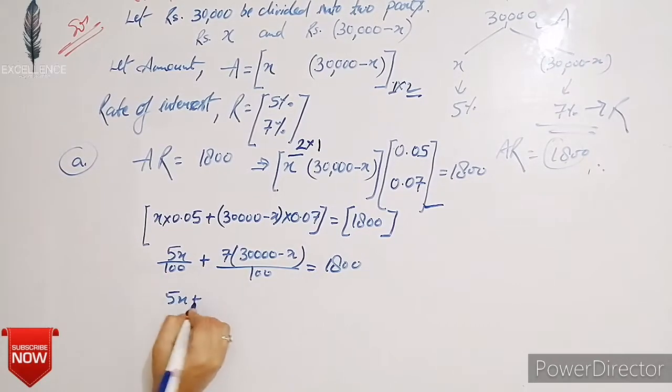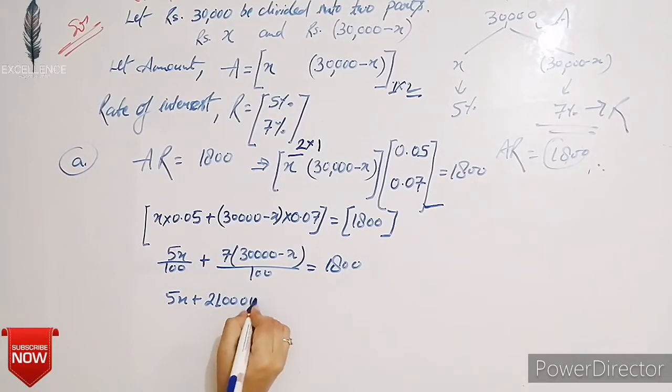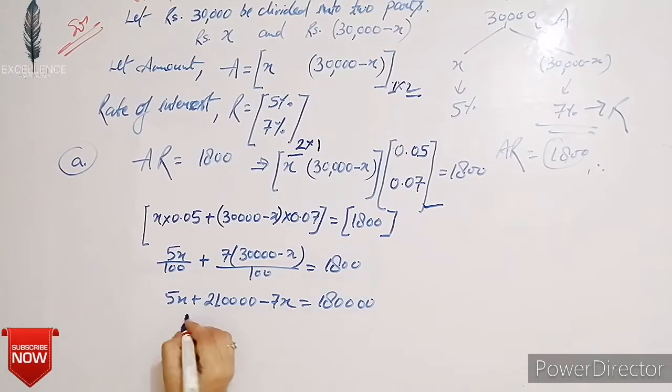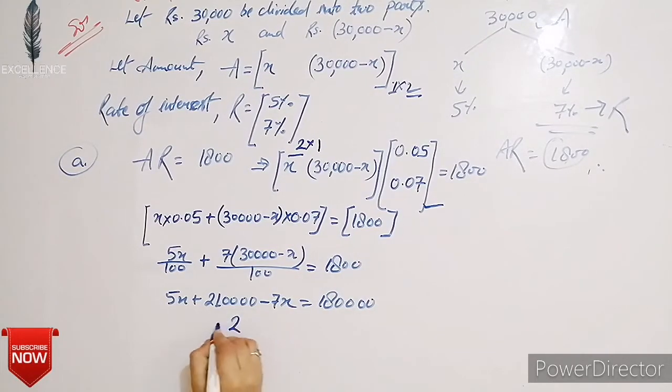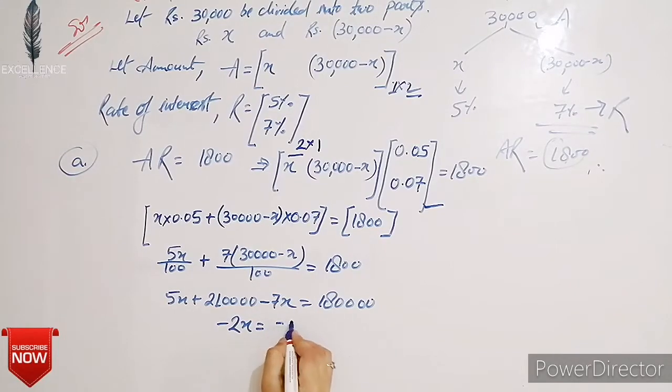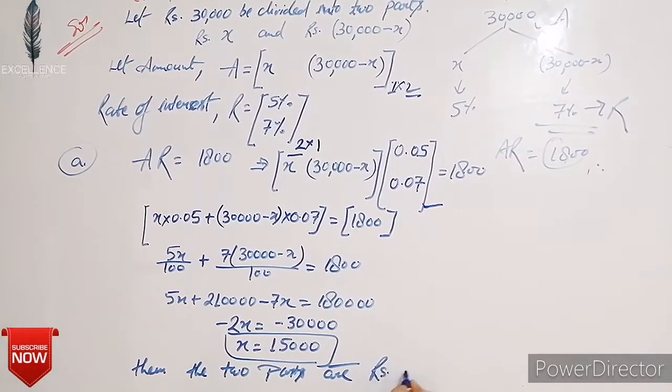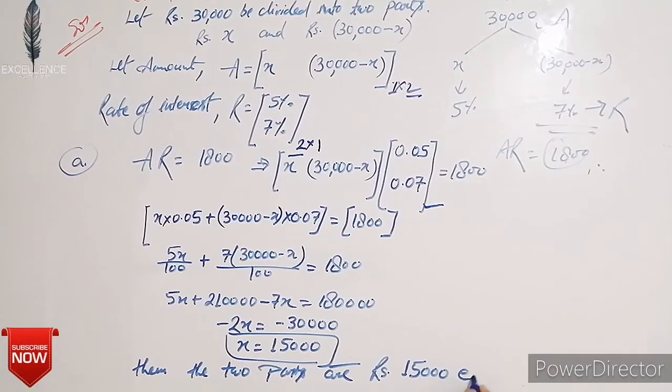That gives 5x plus 2,10,000 minus 7x is equal to 1,80,000. On solving, we have minus 2x is equal to minus 30,000. That gives x equals 15,000. This is the first part. And the second is also equal to 15,000, because it is 30,000 minus x. Then the two parts are rupees 15,000 each.